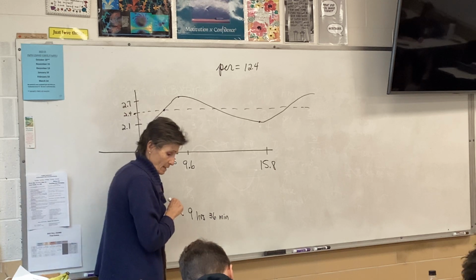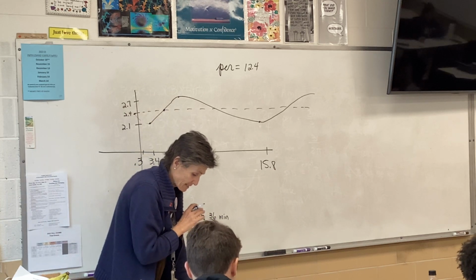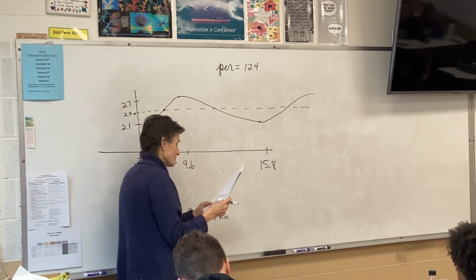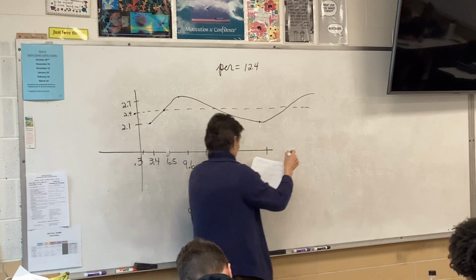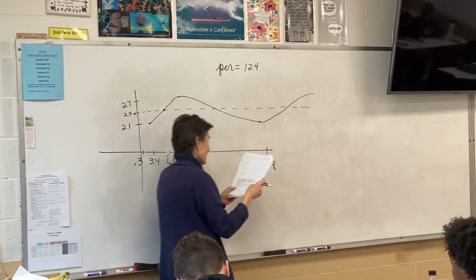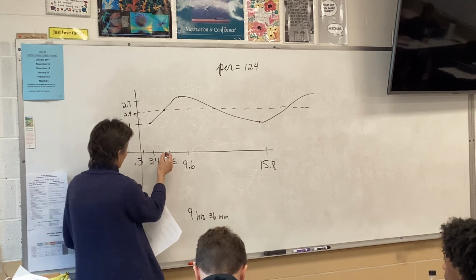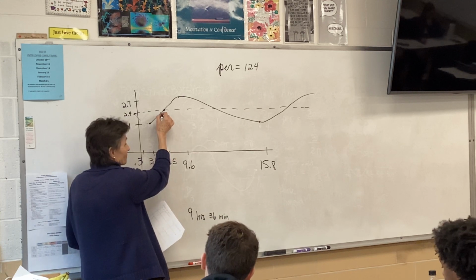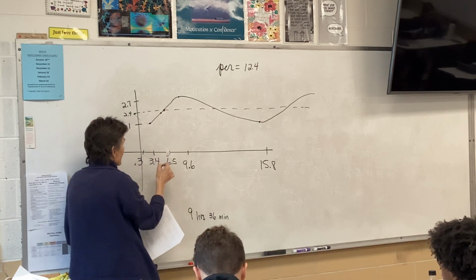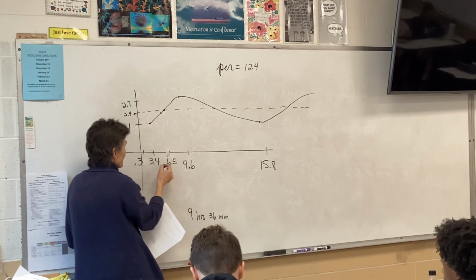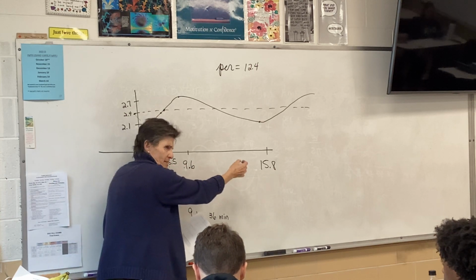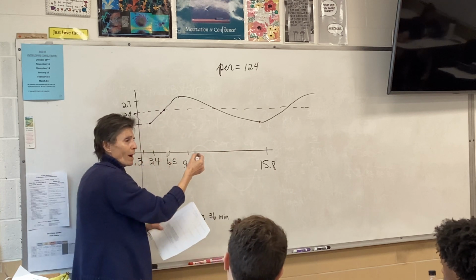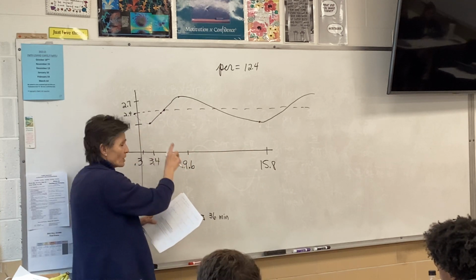Now, the next question, or B, that's C. B is tricky, because B asked me about 6 a.m., which would be like right here, right? And I don't know what that is. It isn't one of my special evenly spaced things. So I'm gonna need to write the equation of this curve.